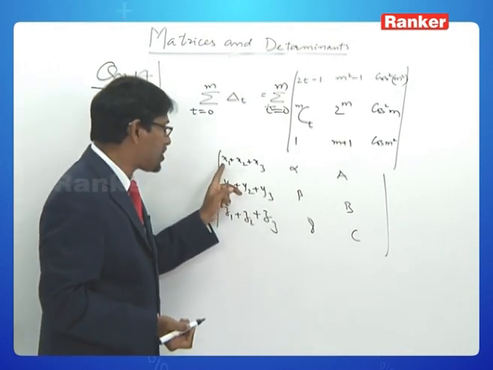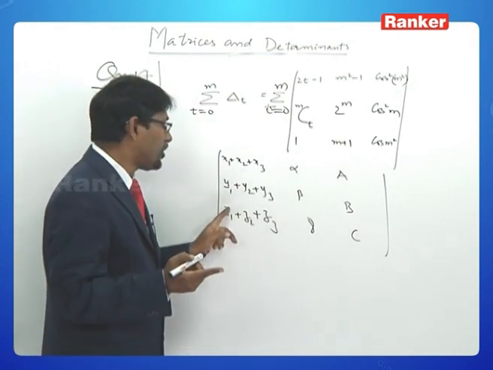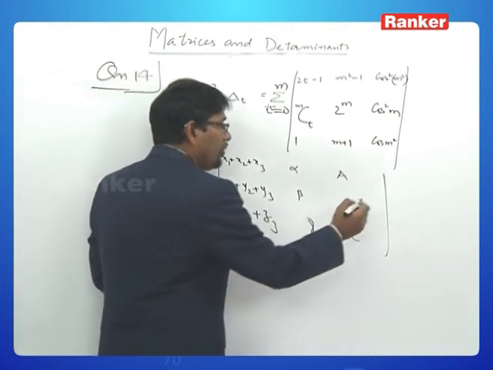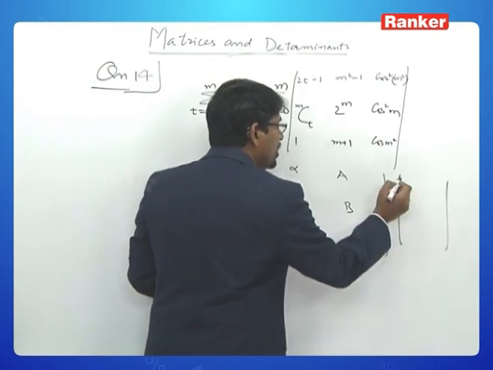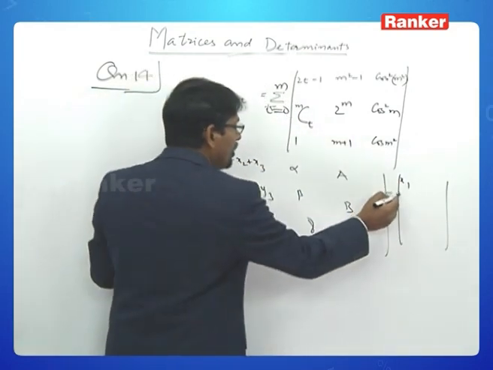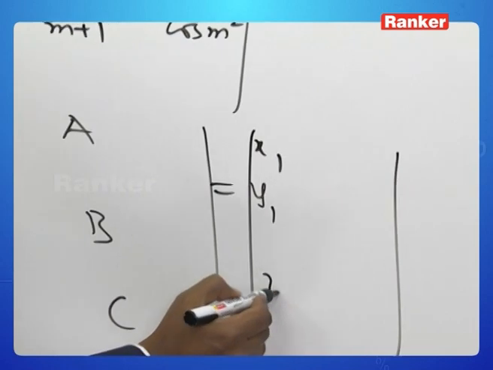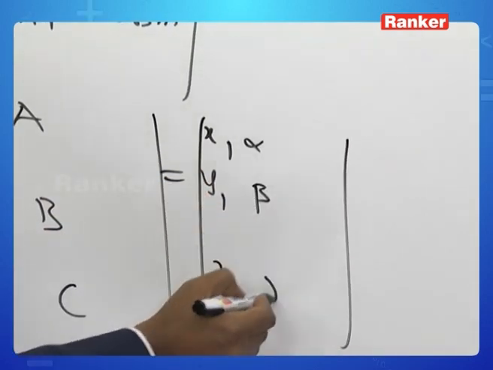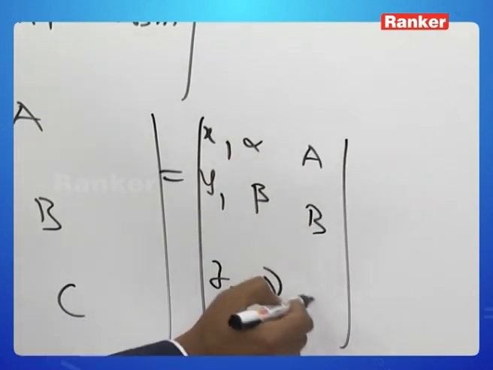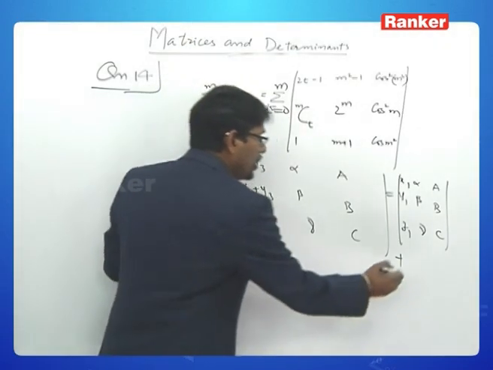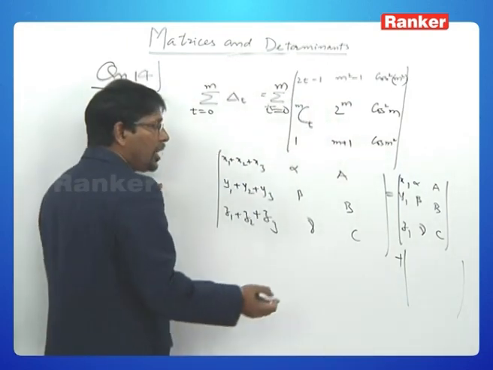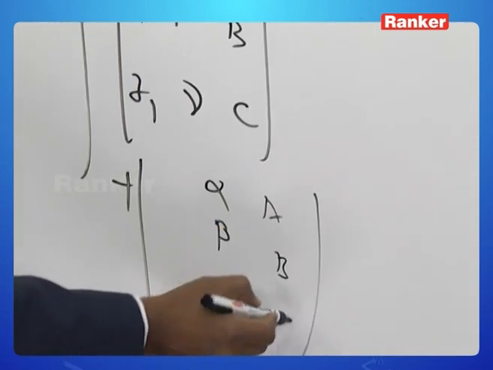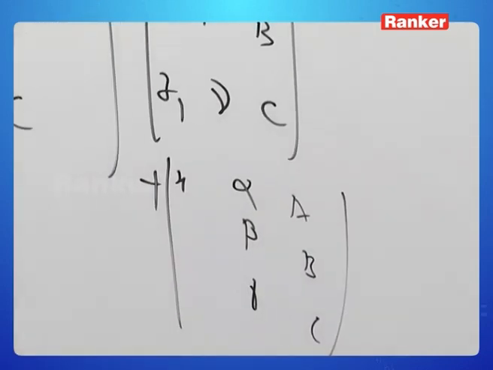The first determinant holds the values x1, y1, z1 in the first column, alpha, beta, gamma, a, b, c, plus the second determinant will also have alpha, beta, gamma, a, b, c, and will have x2, y2, z2.